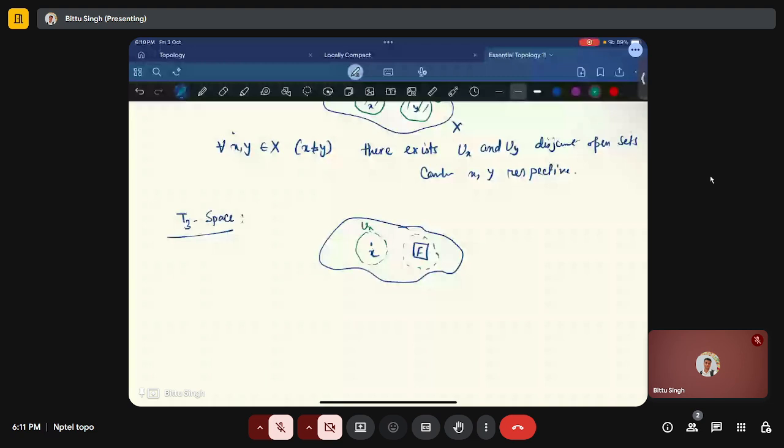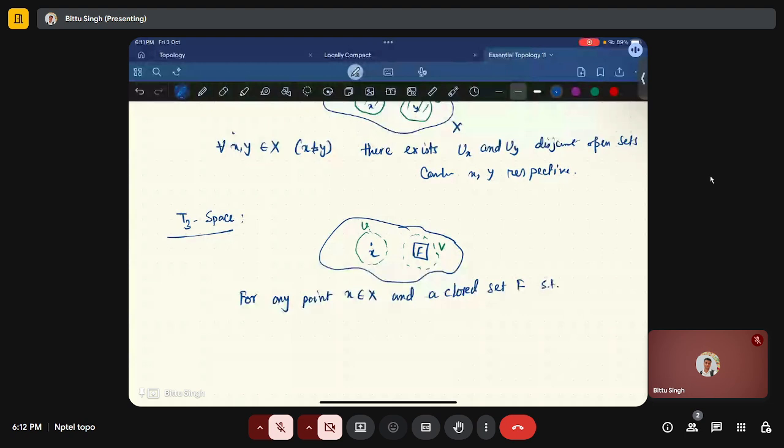For any point x belonging to X and a closed set F such that x does not belong to F, there exist U containing x and V containing F, disjoint open sets U and V, so U intersection V is empty.